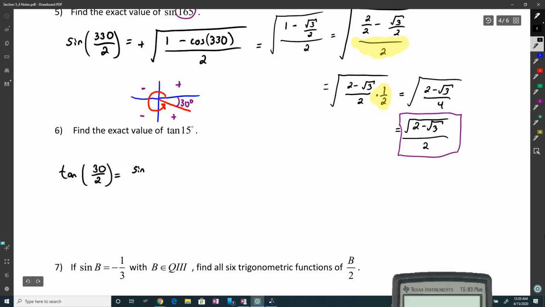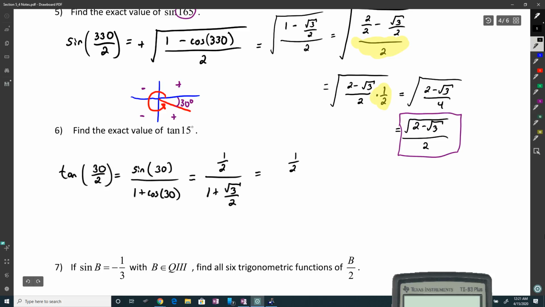You can see how it gets with this section. I'm going to use this formula. We're in quadrant 1. Sine of 30 is 1/2, and 1 plus cosine of 30 is 1 plus square root of 3 over 2. All I got to do is work it out.